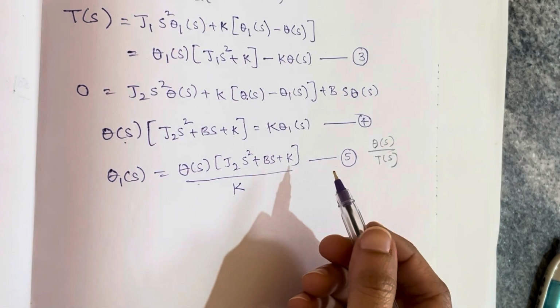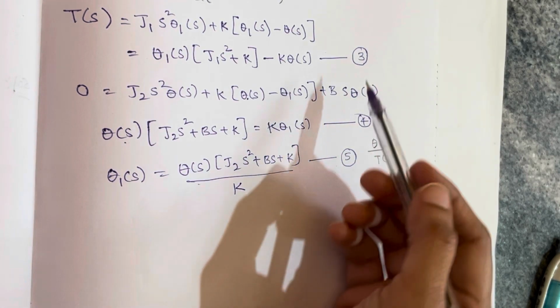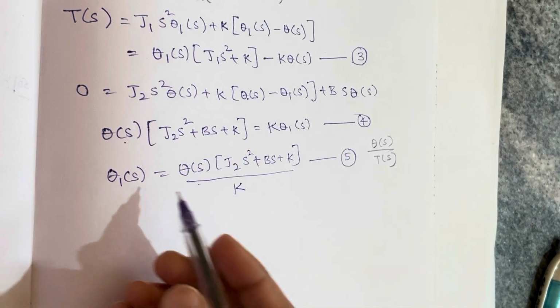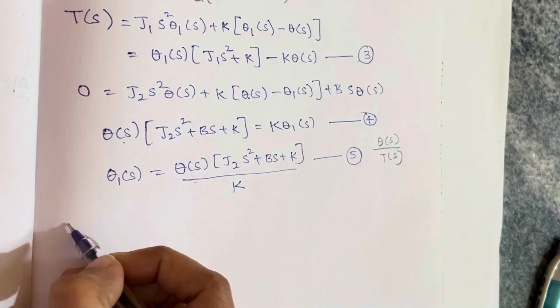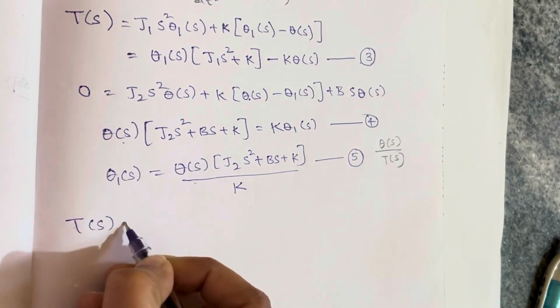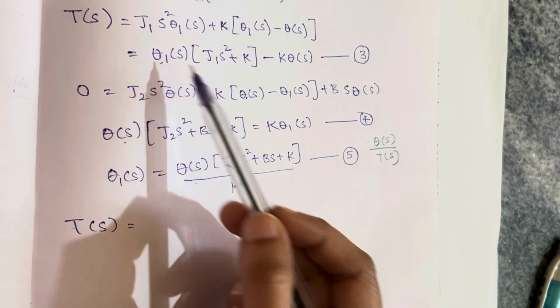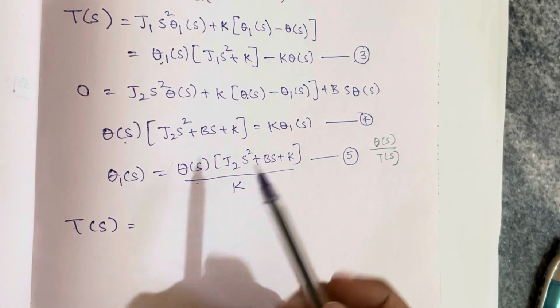Now substitute this equation number 5 in equation 3. Then we get T of s equals, in place of theta 1 of s, you have to write this equation.